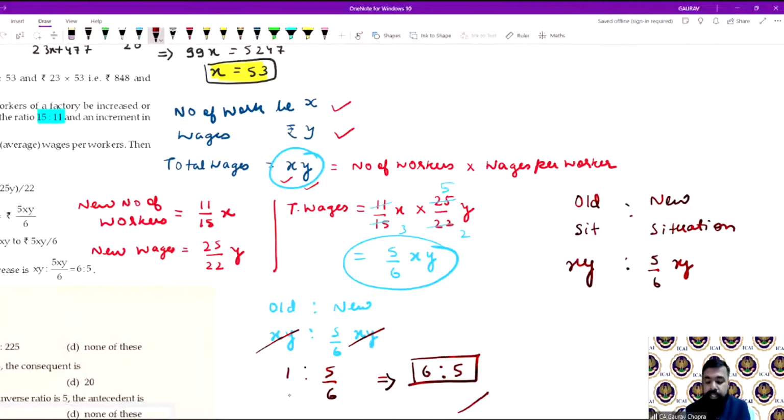So XY will get cancelled, and our ratio comes to 5:6. And how else can we write 5 by 6 as a ratio? Simply take the LCM. So it becomes 6 by 6, ratio 5 upon 6, or simply 6:5.